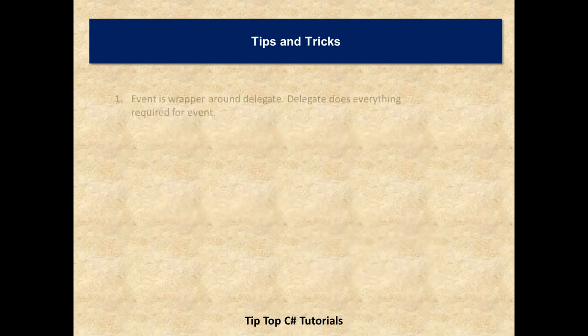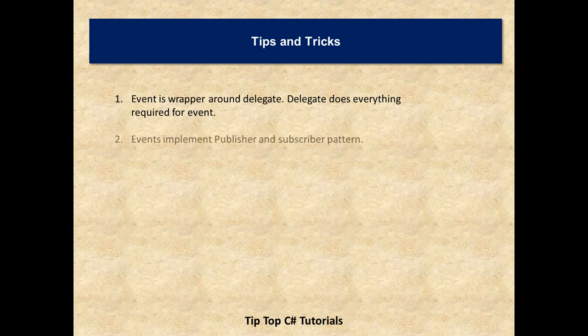Some tips and tricks to remember. Event is a wrapper around delegate. Delegate does everything required for the event. Event implements the publisher and subscriber pattern. This is very important. Before events and delegates were implemented in C#.NET, everybody was implementing a pattern called publisher and subscriber.